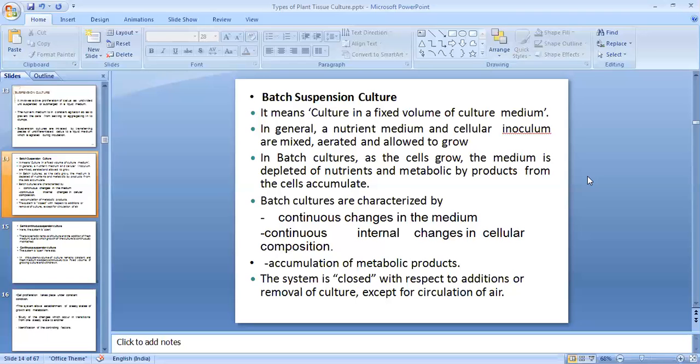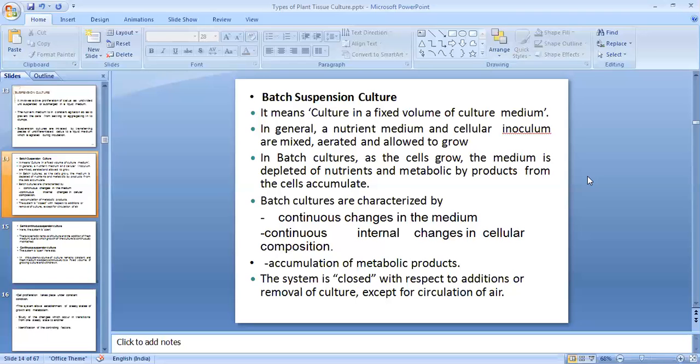In the batch culture, as the cells grow, the medium is depleted of nutrients, as I already told you, and the metabolic byproducts and the cells get accumulated. So this is the time you have to stop the process, remove all the metabolites or the cells, and reculture.